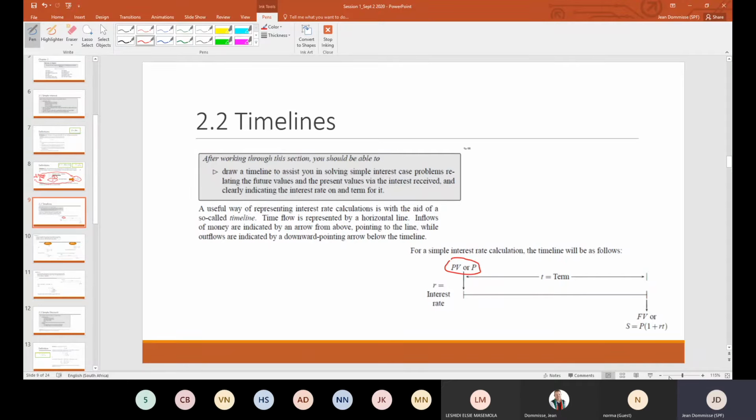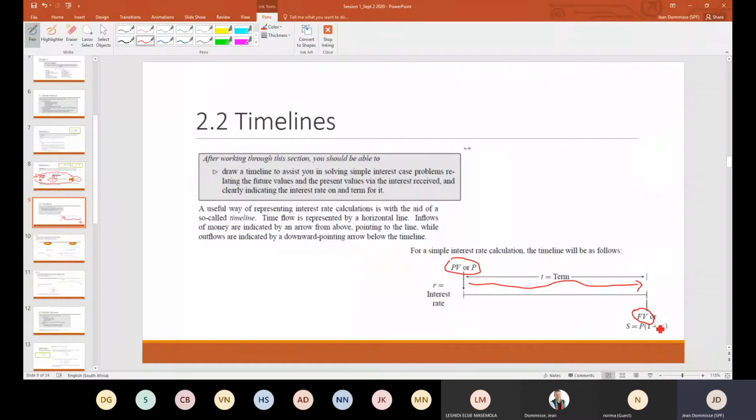So again, this is the principle that we start off with. That is the present value. That is the time that you are borrowing the money or investing the money, so it can work for both. And then that is the future value, and again, one can see the formula for that. That is how the timeline can assist you.